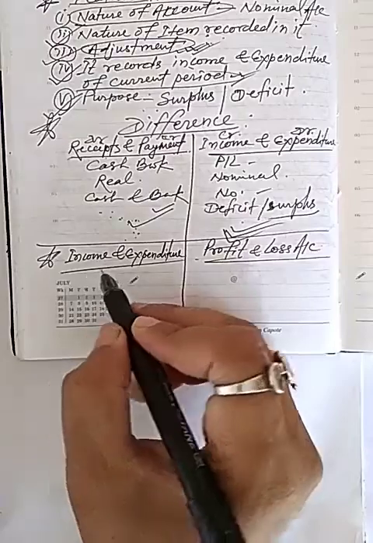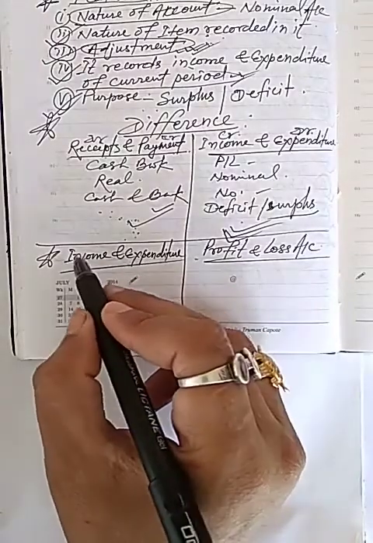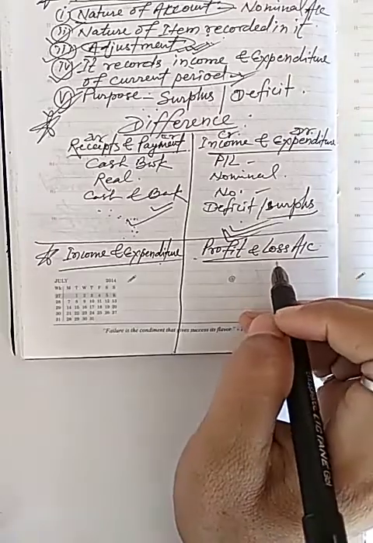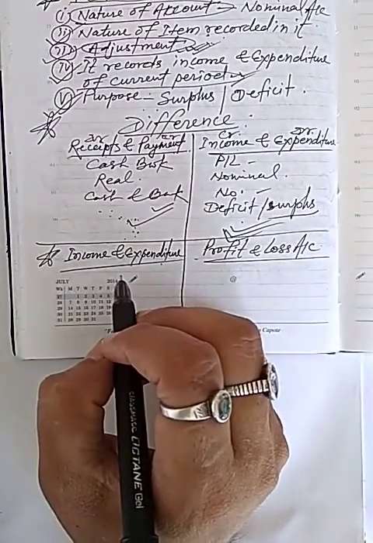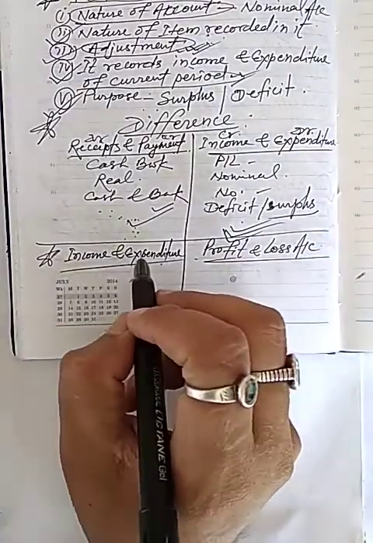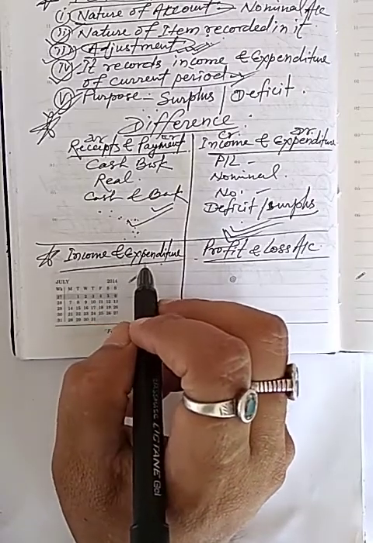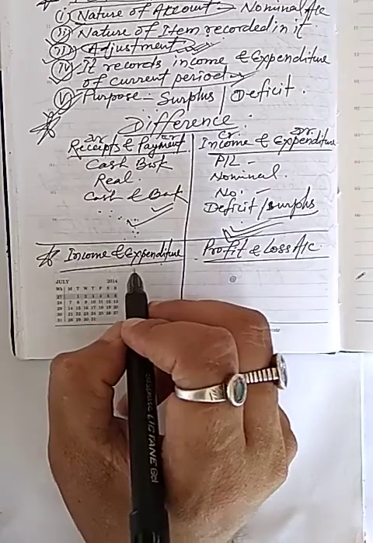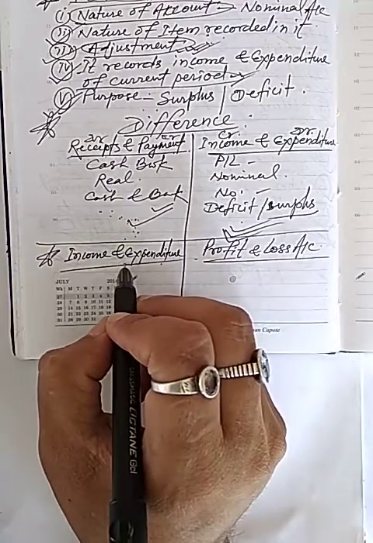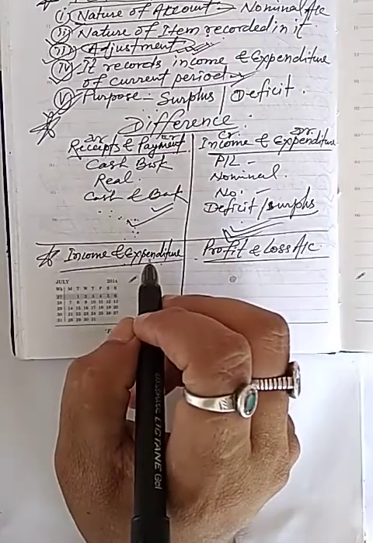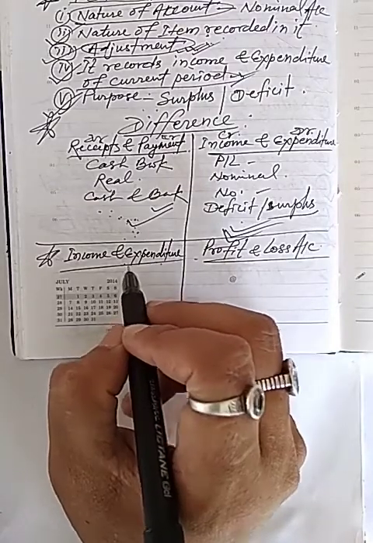Now the difference between income and expenditure account and profit and loss account. The main objective of income and expenditure account is to ascertain excess of income over expenditure or excess of expenditure over income.